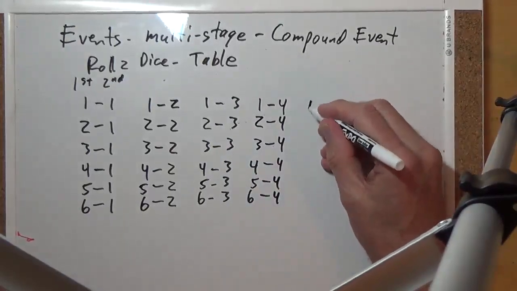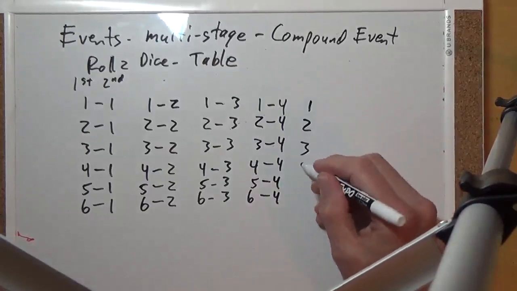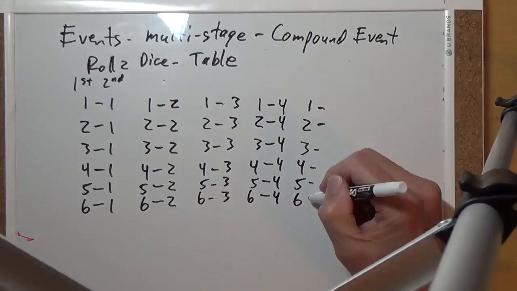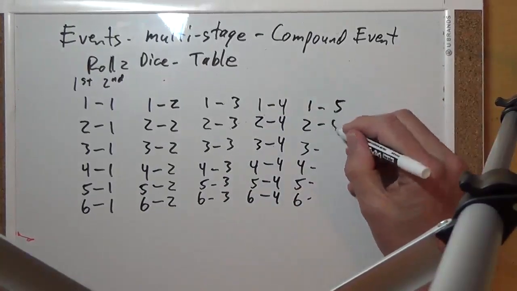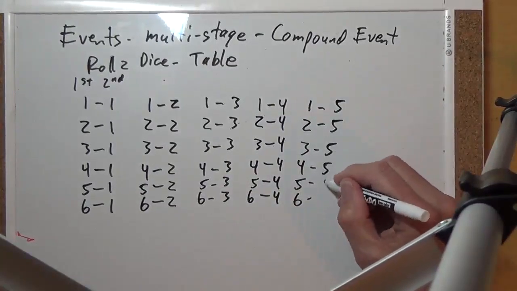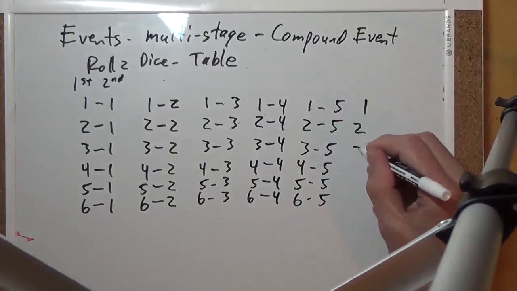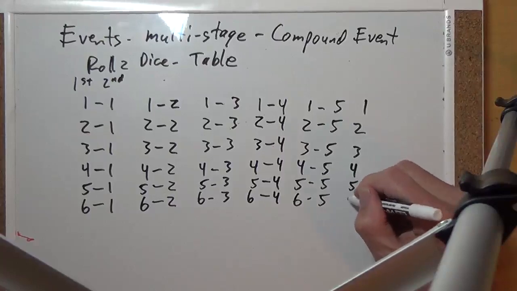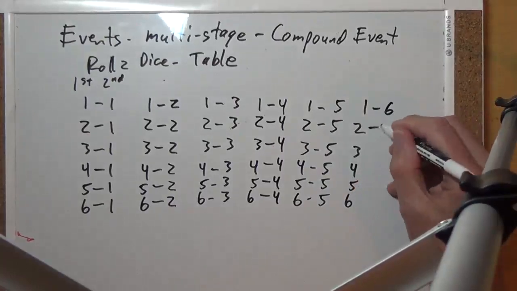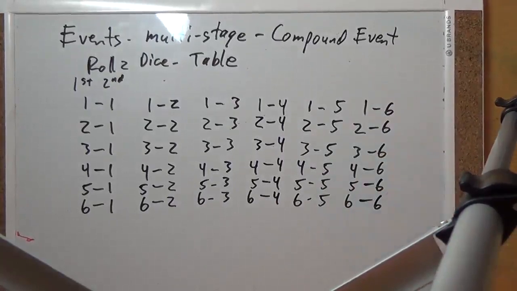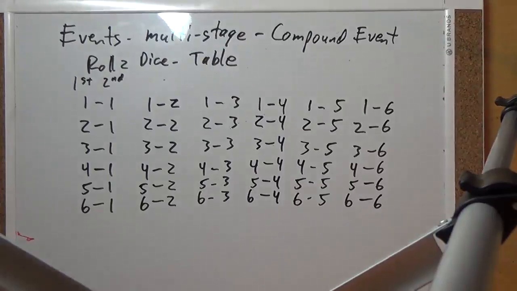Two more columns. So this is one way to get the sample space for rolling 2 dice.